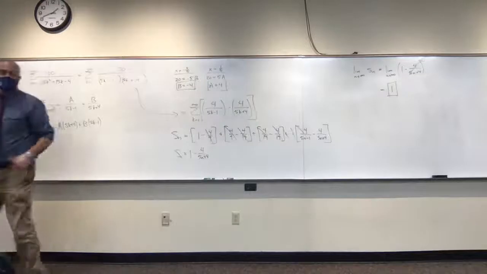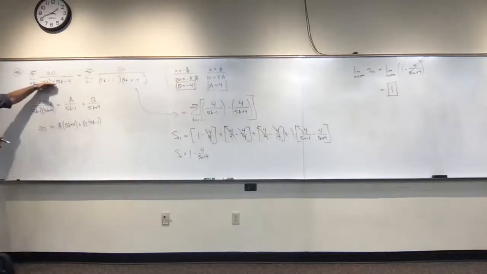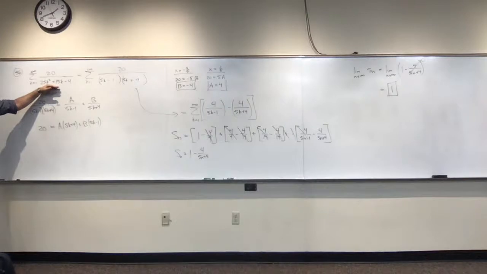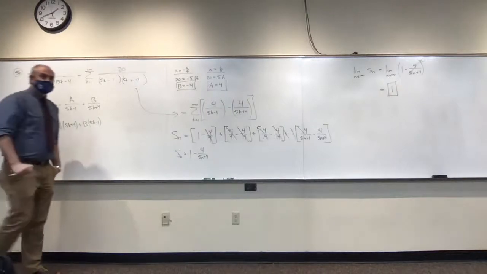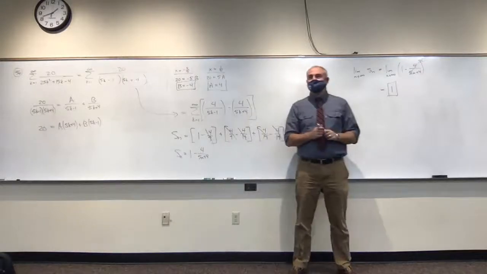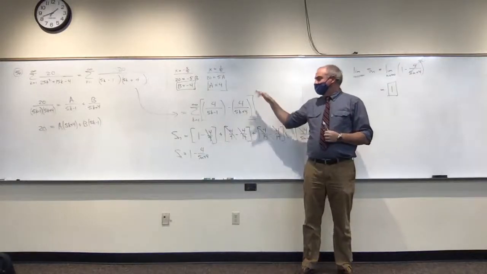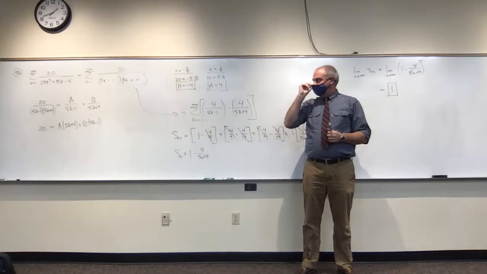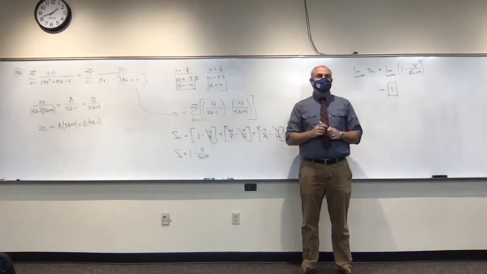So pretty crazy, actually. If you look at this summation, you'd think that is a mess. What does it add up to? 1. Kind of cool. And of course, what do we call this type of series?